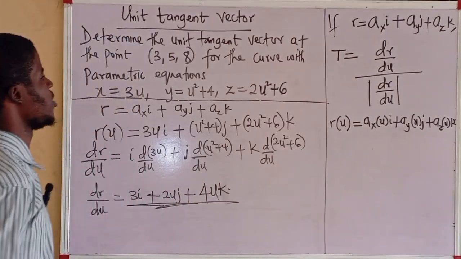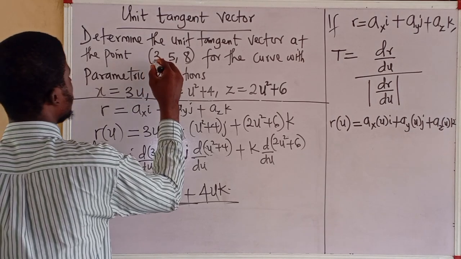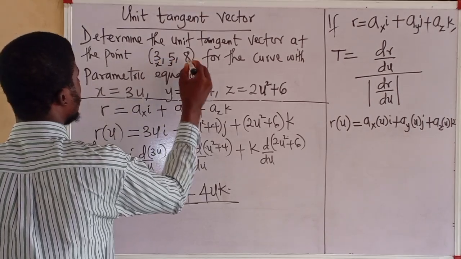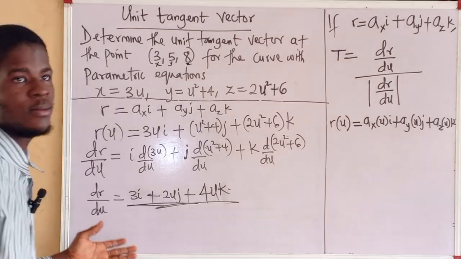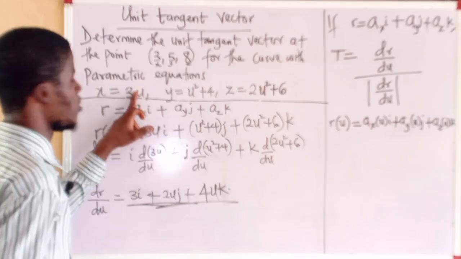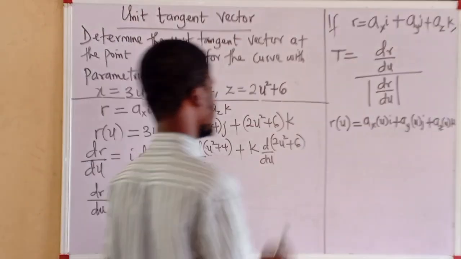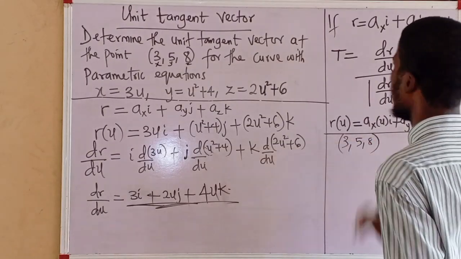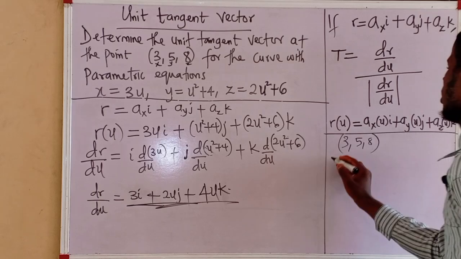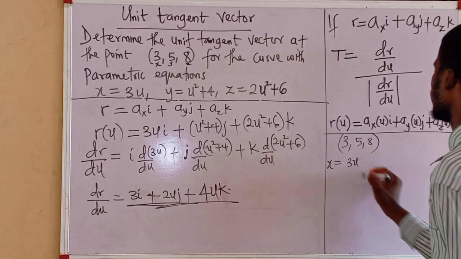Now, let's consider this point. This 3 is for x, this 5 is for y, and this 8 is for z. We are going to use any one of them to determine u. We have the equation x equal to 3u.